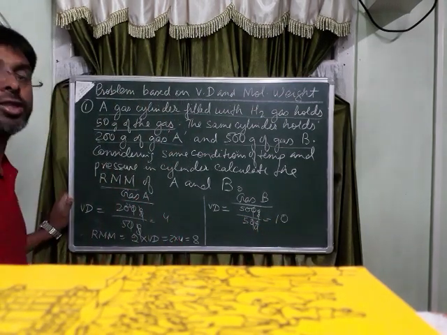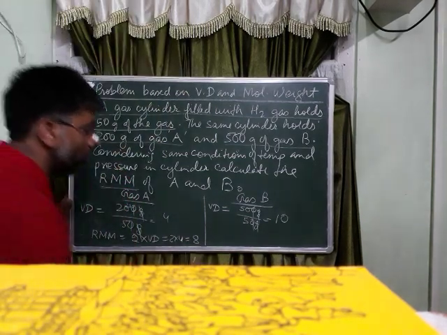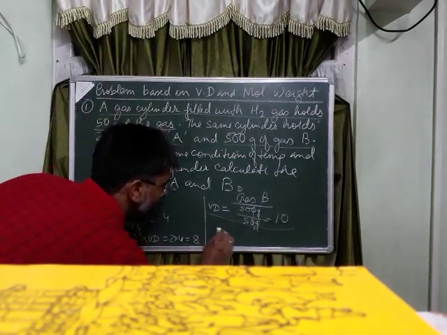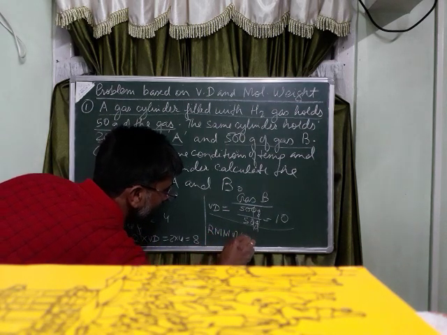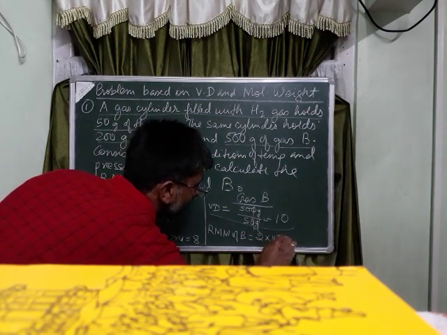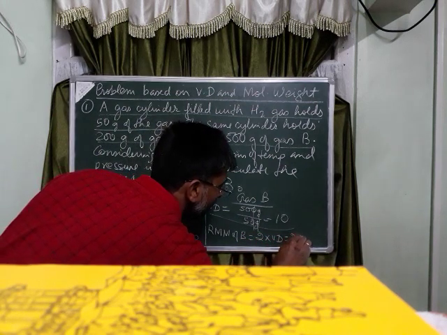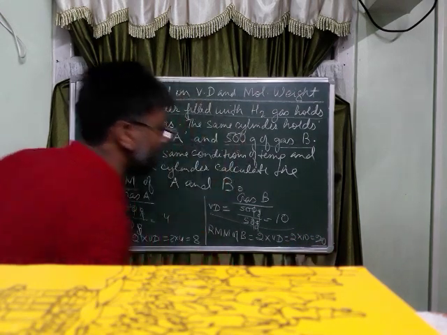No unit, because it is a ratio. Vapor density is a ratio. Once we have the vapor density, we can easily find the relative molecular mass of B, which is obtained by multiplying twice into vapor density. So twice into 10 gives us 20. This is my second answer.